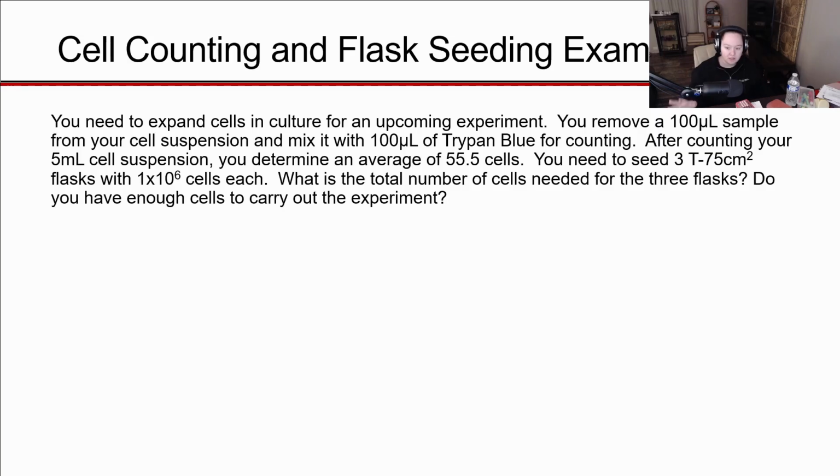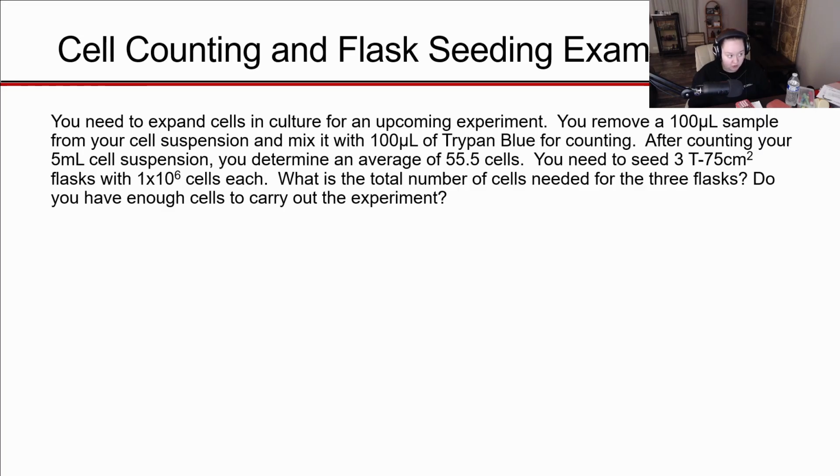Okay, now I would like to walk through a little bit more of a complicated and more applicable cell counting and flask seeding example. So you need to expand cells in culture for an upcoming experiment. You remove a 100 microliter sample from your cell suspension and mix it with 100 microliters of Trypan Blue for counting.